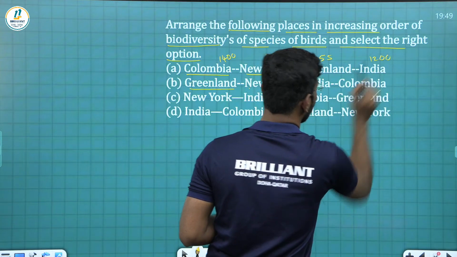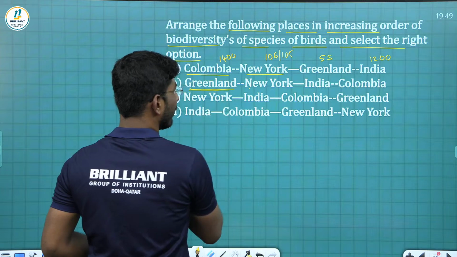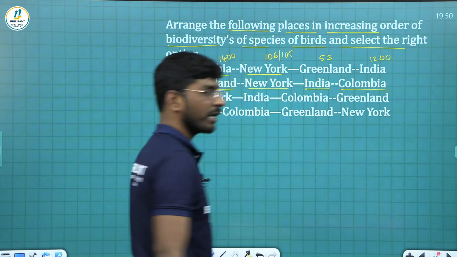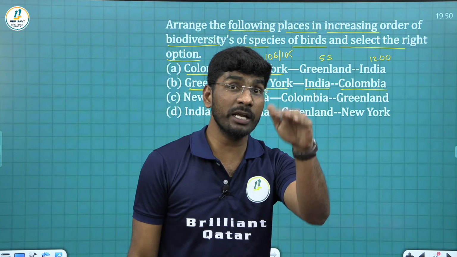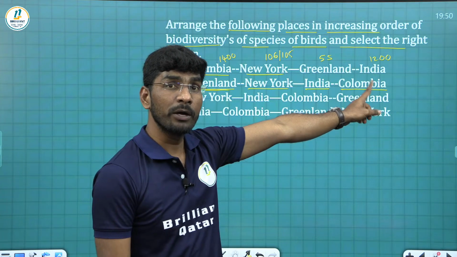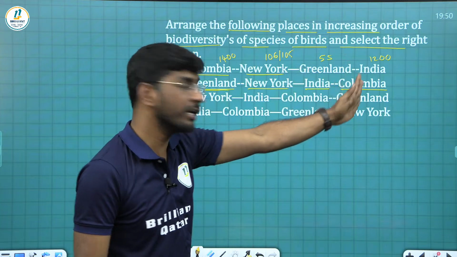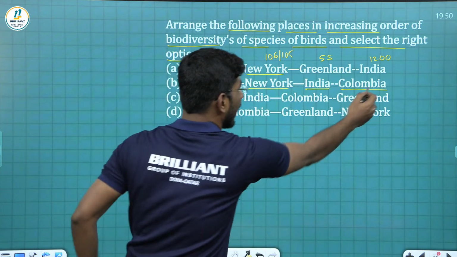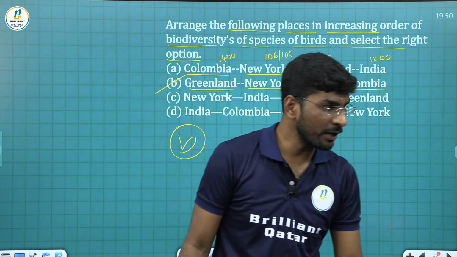India is 1,200, if I am not wrong. They are asking for increasing order. So Greenland, next New York, next India, next Colombia. If you go toward the polar area from the equator, diversity decreases. Greenland is at 71 north, New York at 41 something. So increasing order means Greenland to New York, New York to India at 1,200, and then Colombia at 1,400. Option B. Correct?